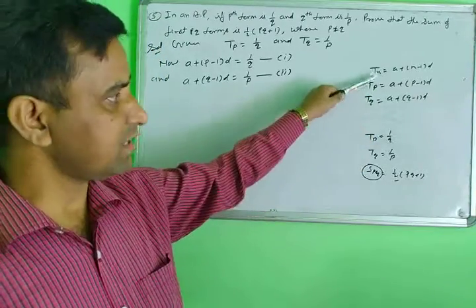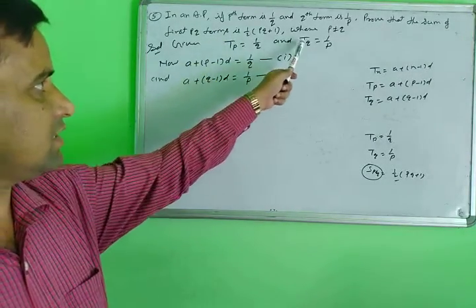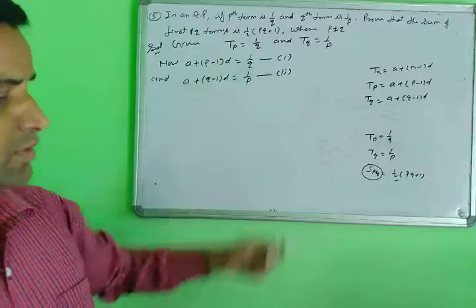Every identity is the same. So I put these values and two equations are formed.